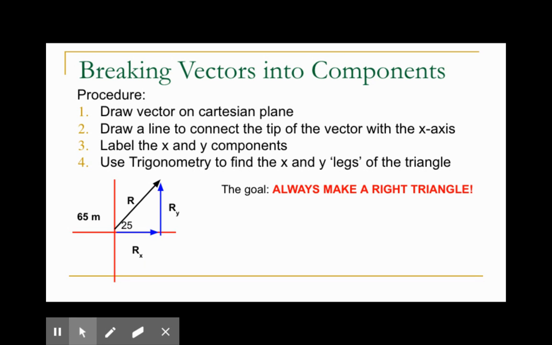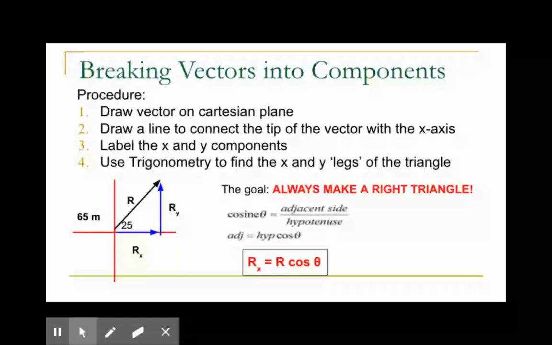So cosine of theta we know is adjacent over hypotenuse. Okay, so we're going to derive an equation that we'll use for every problem. So the cosine of the angle will be r sub x, meaning the x component, over r, which is the magnitude.